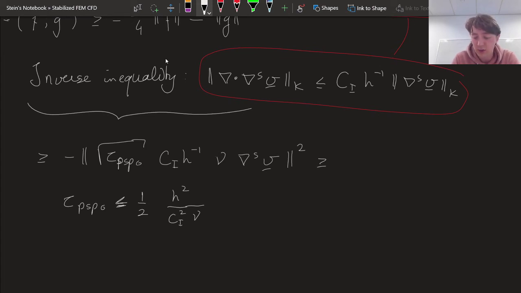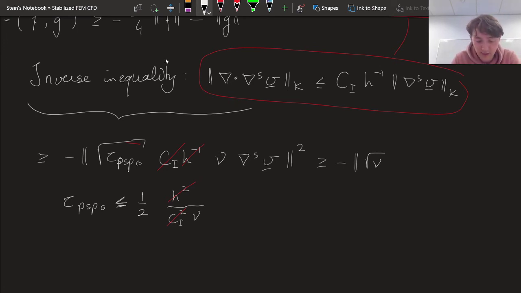But if I make this requirement on tau PSPG, then we can again say this is going to be larger than or equal to minus, well, what's left over here is really just the square root of nu, right? This h square root cancels with divided by h. The Ci square root kills the Ci. Then we have still a square root of nu times nu gives just the square root of nu.